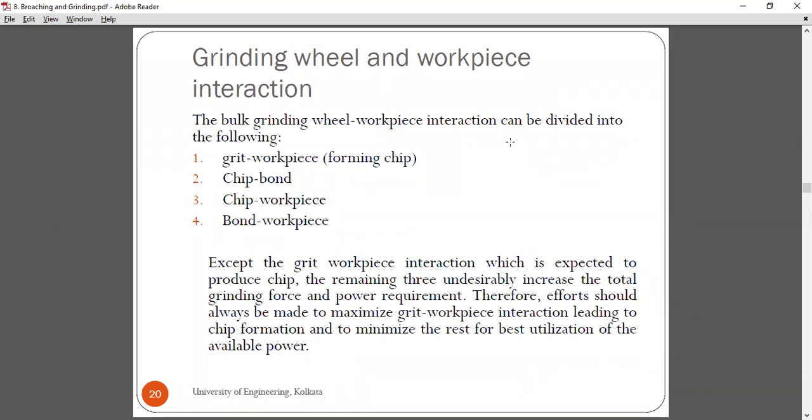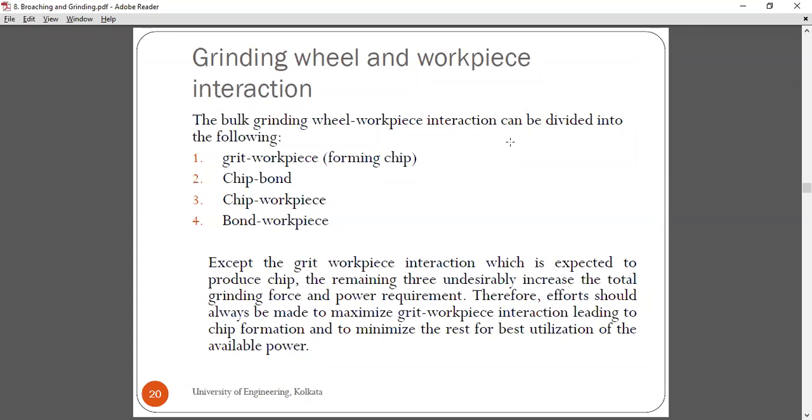Now the bulk grinding wheel workpiece interaction can be divided into grit workpiece, that is formation of chip, that we can see in the turning process, where the tool and the workpiece come in contact with each other and chip formation takes place. Next is the chip bond. Bond means the bonding material that we are talking about, right?